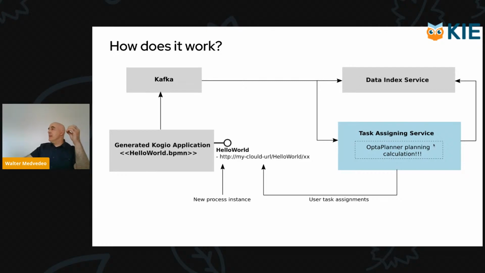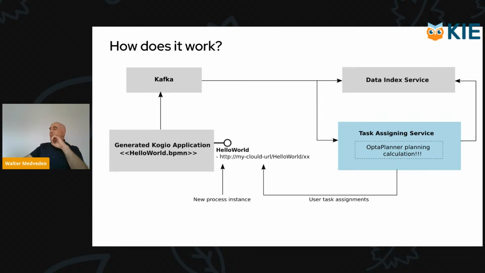And this is the player that we are presenting now, right? The task assigning service is a Kogito service that we created on top of OptaPlanner. And really, OptaPlanner is the heart of the task assigning service, right? So all the decisions that happen inside are calculated and decided by OptaPlanner.